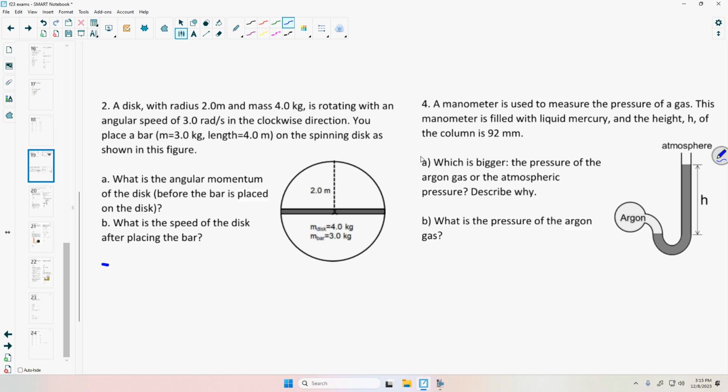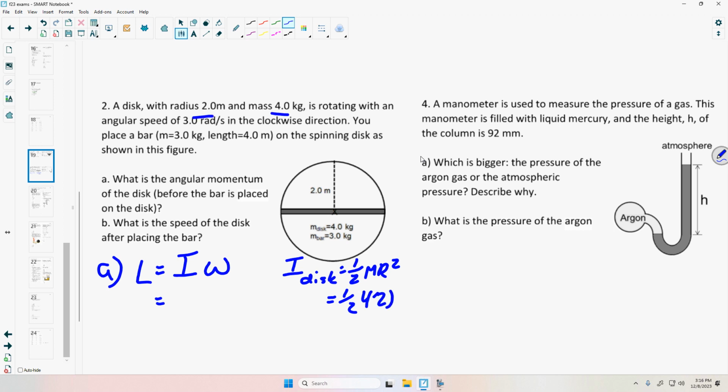So first, what is the angular momentum of the disk? L is equal to I omega. I for a disk or a cylinder is 1/2 mr squared. That's 1/2 of the mass, which is 4, times 2 squared. 2 times 4, 8.